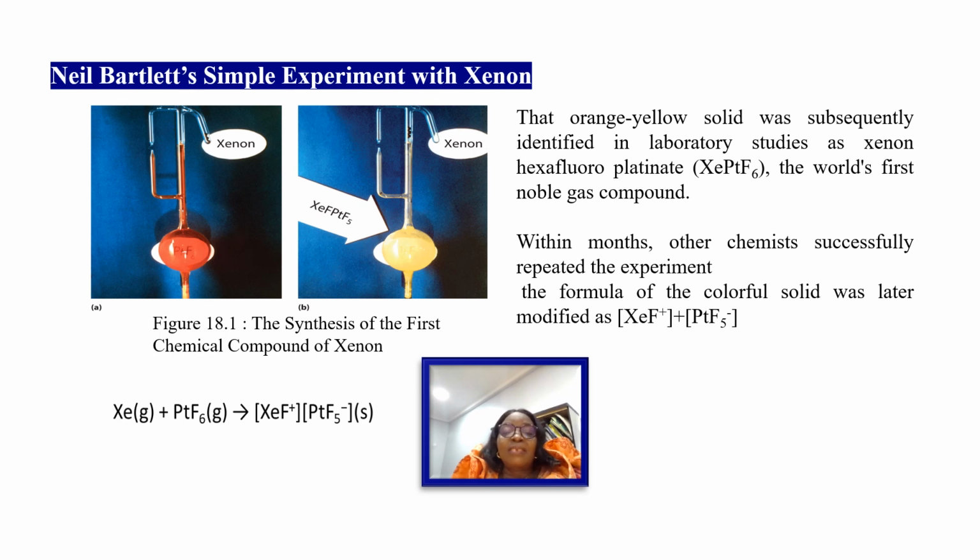He showed that platinum hexafluoride could oxidize oxygen. He proposed that as the ionization energy of xenon was 1170 kilojoules per mole, which is actually lower than that of oxygen, he felt that if that compound can oxidize oxygen, then he should be able to try it, that it may also react with xenon.